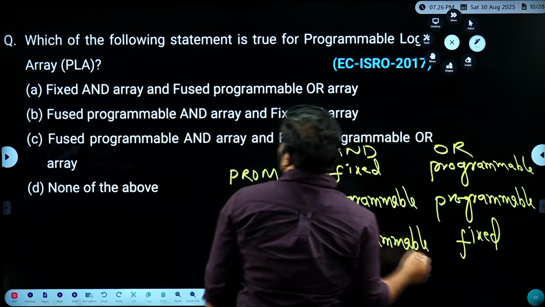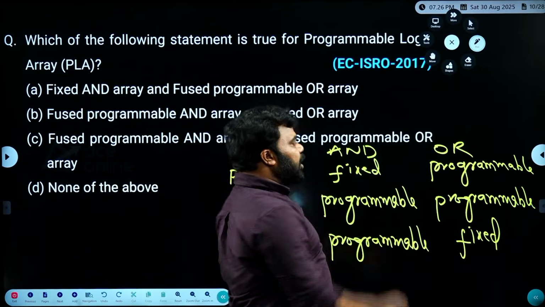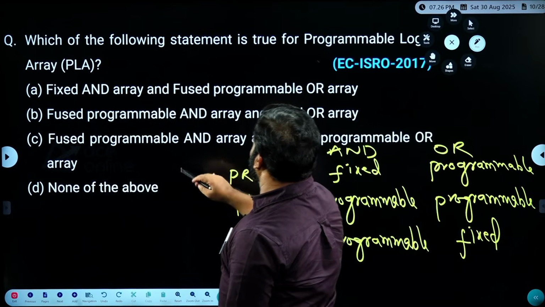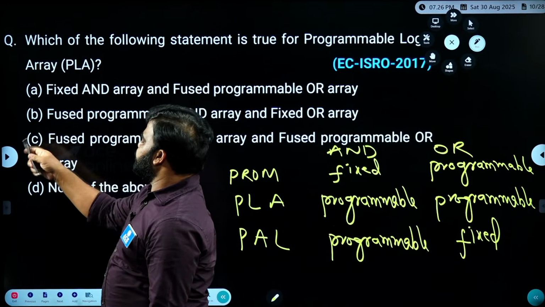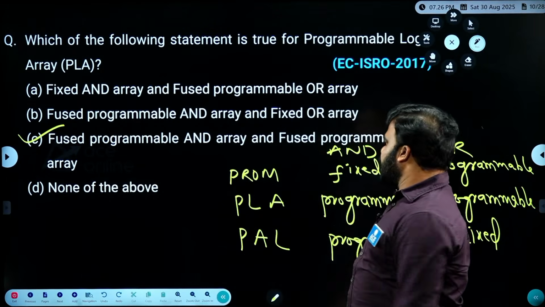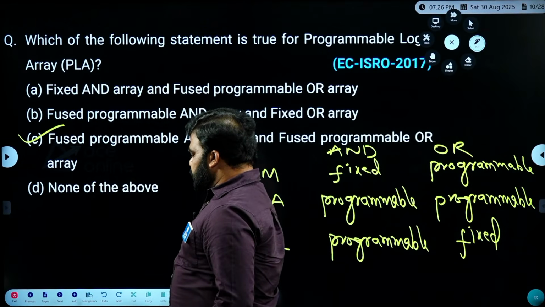So, in the given question, it is asked about PLA, in which both AND and OR are programmable. Which one should I choose here? Programmable AND and programmable OR. Answer is C. In a programmable logic array, AND is programmable, OR is also programmable.